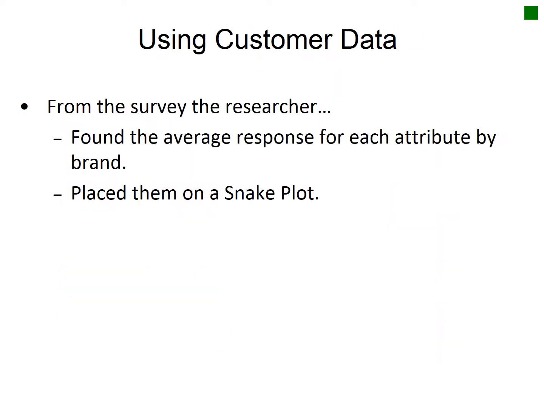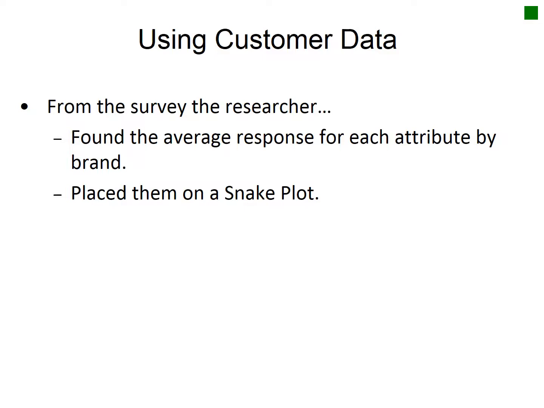After the survey is launched and we get the data back, we want to actually measure and score each question on each brand. So we find the average response for each attribute for each brand.